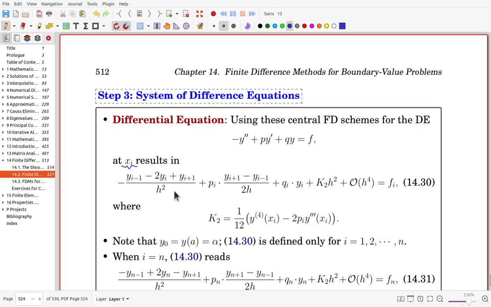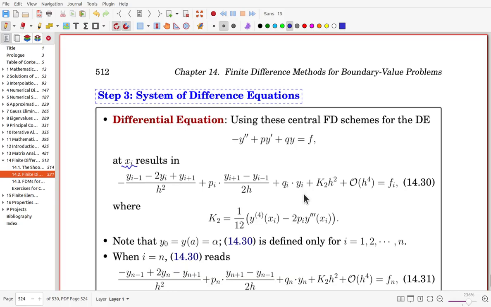For each point at x i, now we have that. For p sub i and y prime, we already know this formula, and q at x i, that's q sub i, and y at x i, that's y sub i.